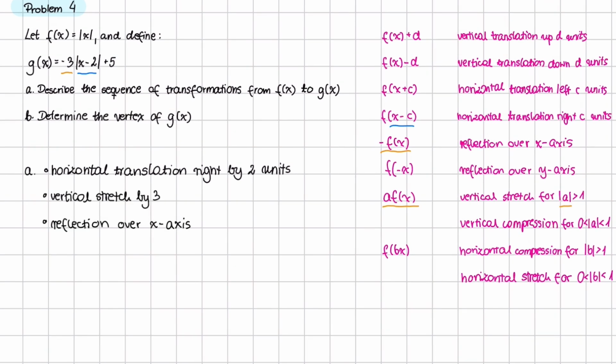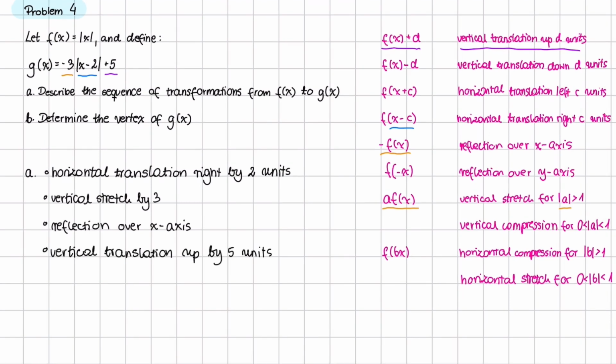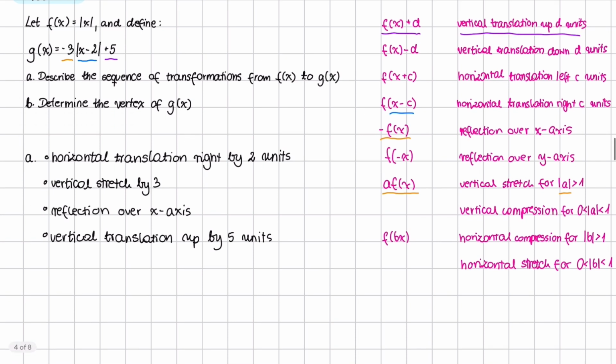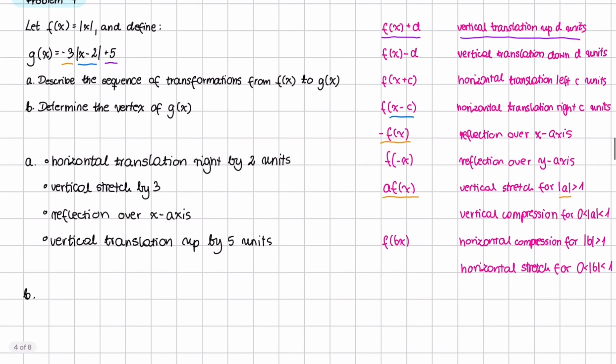And the last thing is our 5, we're left with 5. So our last formula, vertical translation up by 5 units. So this is our point A, with all these transformations, and in B we have to determine the vertex of g(x).